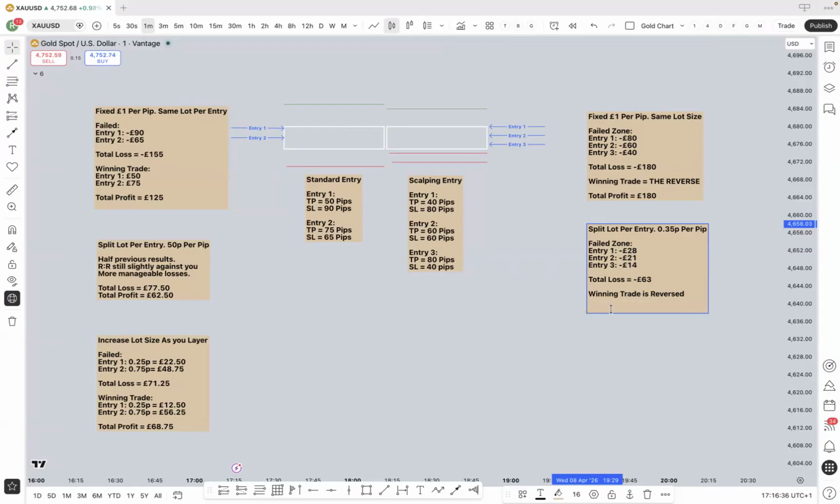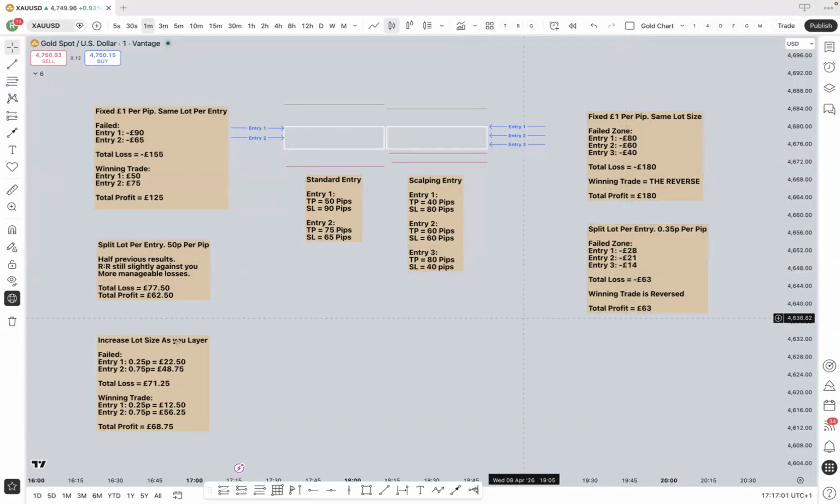Okay, so it's exactly the same, just in reverse. Total profit would equal £63. So that's how that one would work. Okay. And that is risking your £1 over the 3 entries rather than £1 on each level. That is splitting it between your 3 different levels.